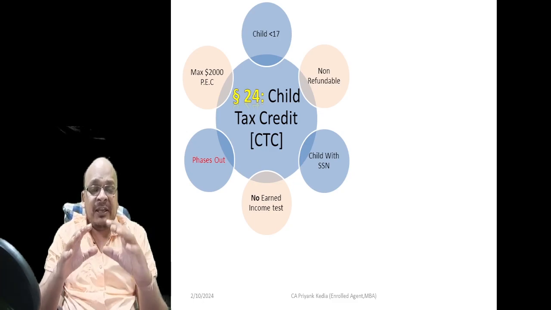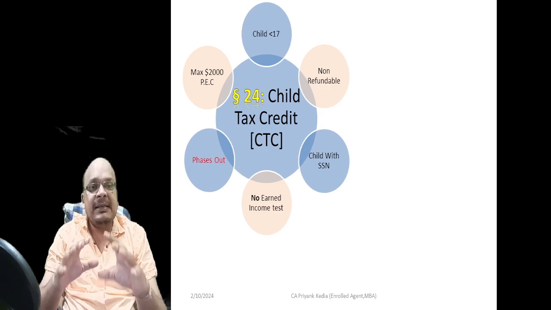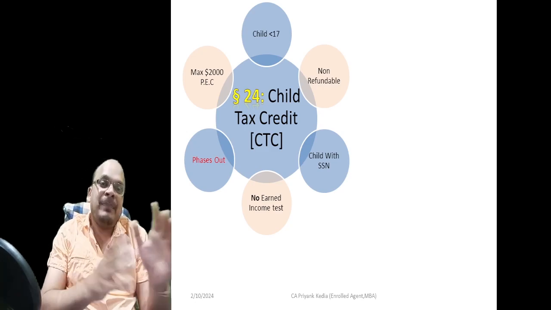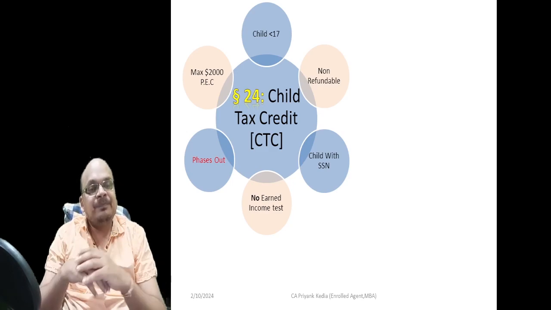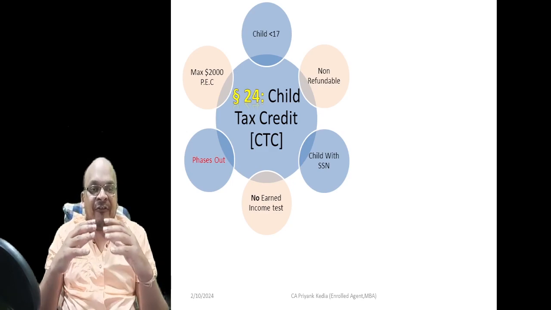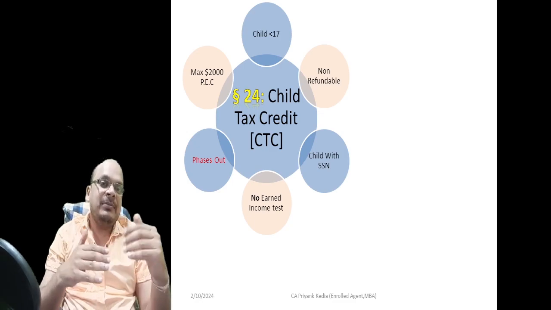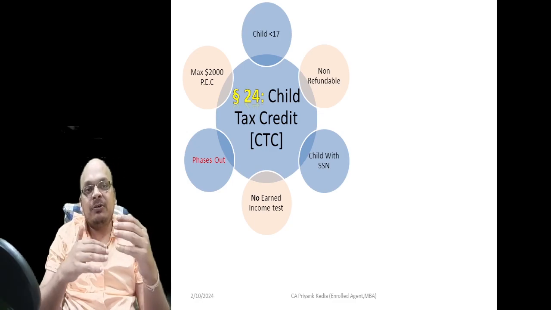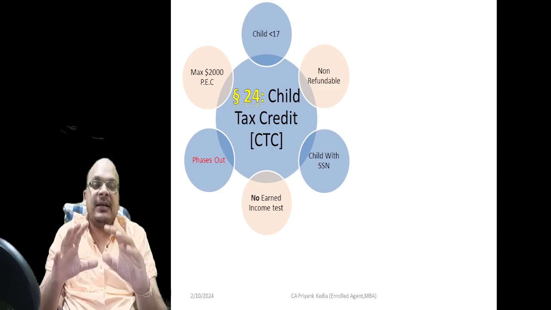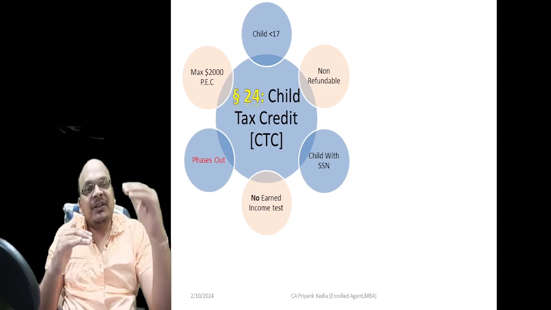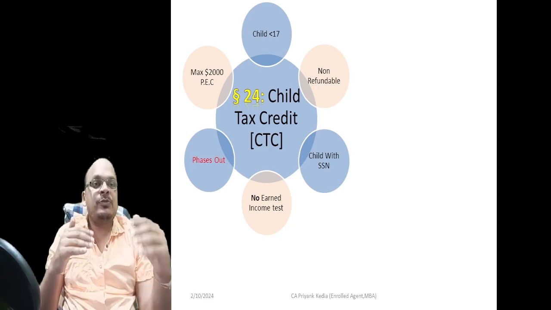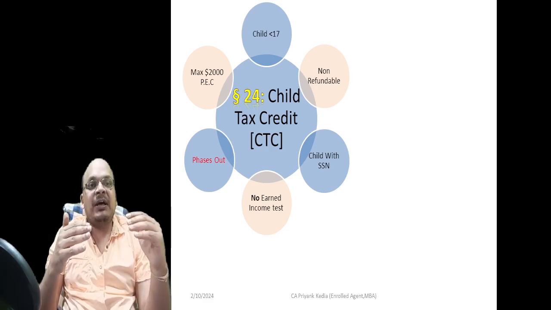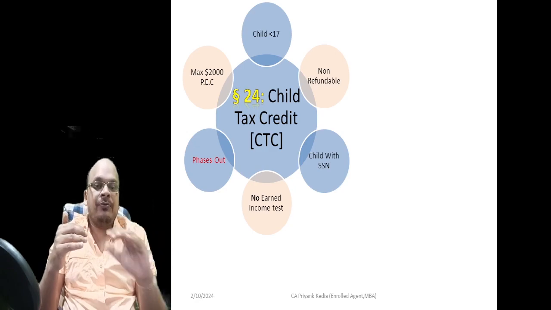That is to say, even if the taxpayer does not have any earned income, and all his income is passive income, then too he is eligible to claim this child tax credit. This credit actually phases out. In the coming slides, we'll talk about the concept of phase out. For the time being, you should understand that phase out means the credit reduces. Due to certain factors, the amount of credit that the taxpayer is eligible for will reduce, i.e. the benefit will reduce, right?